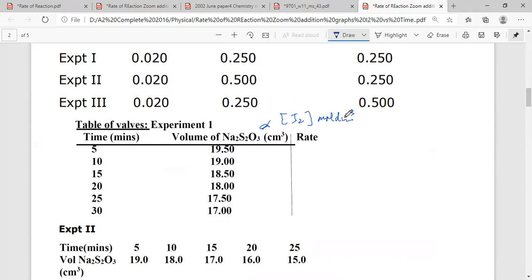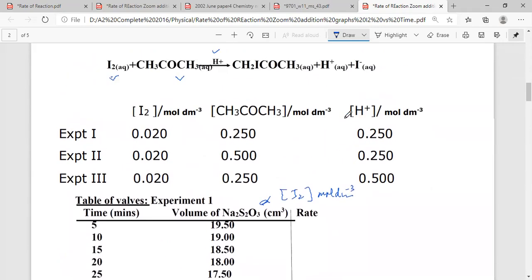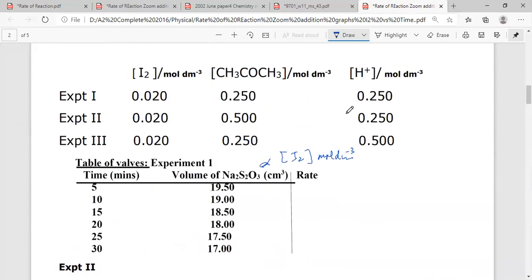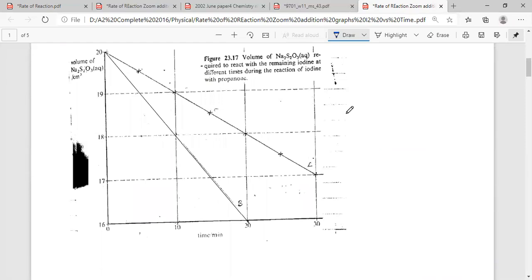So from here, experiment 1, experiment 2, we come to this conclusion, and I'll put it here already. In experiment 1, you can see here 0.02 is all, so the rate is this one here. So we say the rate is constant. Why constant? Because we plot a graph, remember? This graph here. Now remember, this part is proportional to the concentration of iodine.